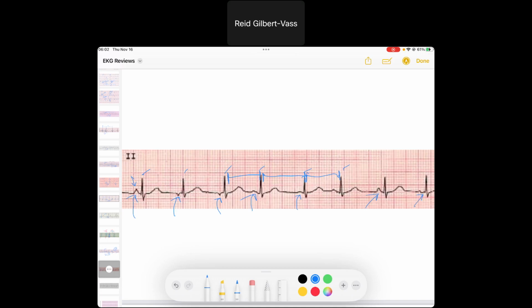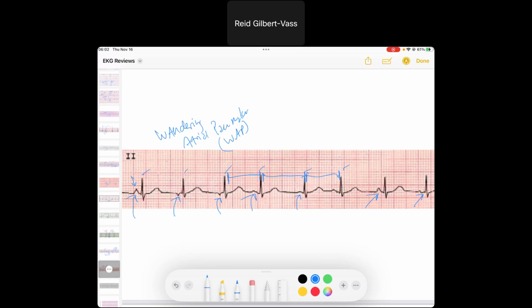And so that's telling me that the P wave is coming from a different location within the atria and causing depolarization within the atria to conduct in different directions every single time. So this might be a wandering atrial pacemaker, or WAP.